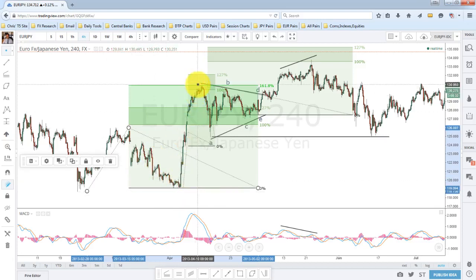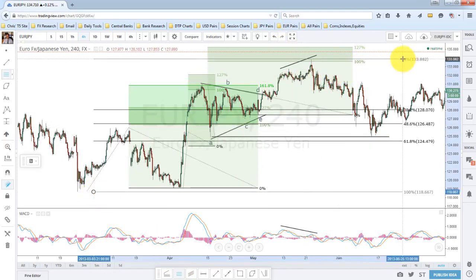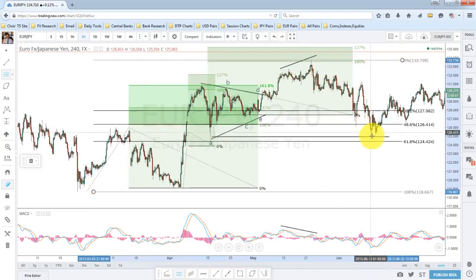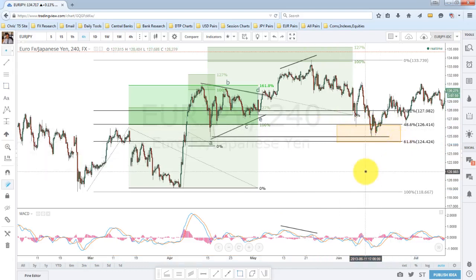Moved into a triangle, and then the final leg of the triple before correcting the entire cycle. Let's pull our fibs on the entire cycle. 50 to 62%: that's the other major level we're going to watch, the major zone on a correction.